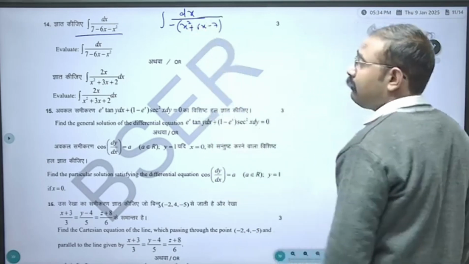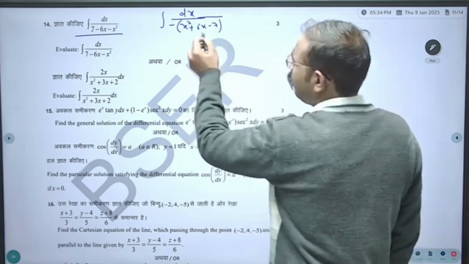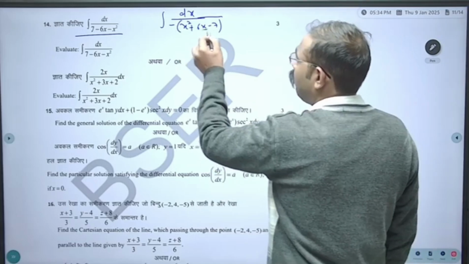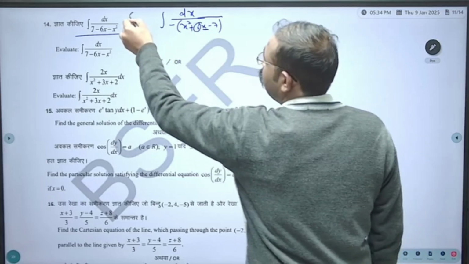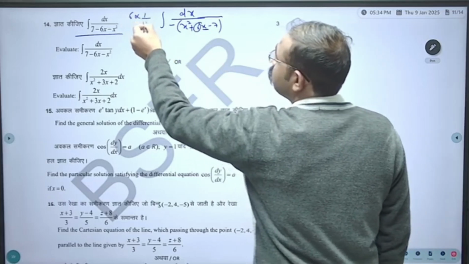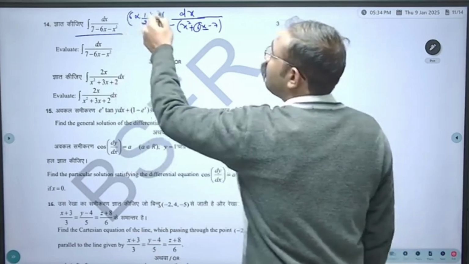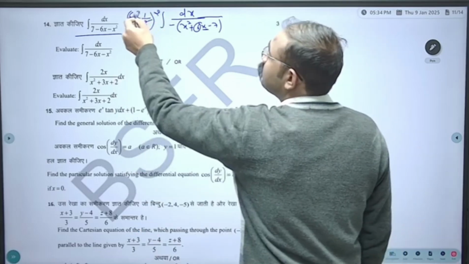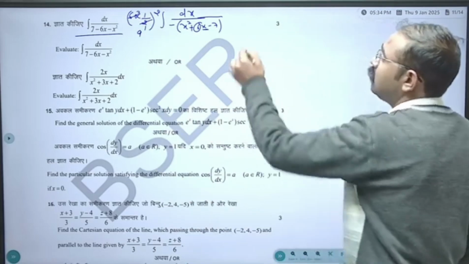We will make a perfect square here. And how will we make a perfect square? Here we have the coefficient of x as 6. So half of the coefficient 6, we will multiply this by 1 upon 2, and its square: 2 ones are 2, 2 threes are 6, and 3 square is 9. We will add and subtract 9 in this.